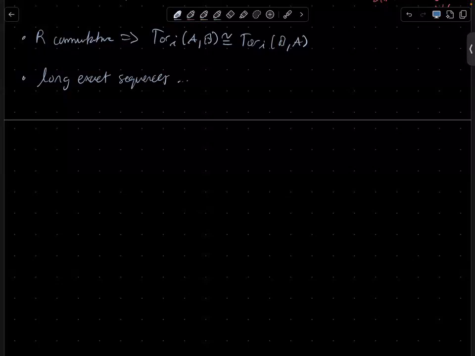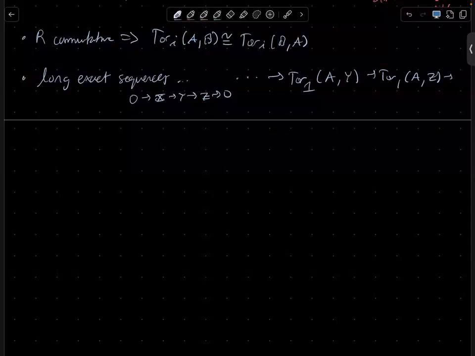It's 4:30, maybe. Probably shouldn't write them down, but they go something like dot dot dot to Tor_1. So if I have a short exact sequence X, Y, Z, I can get a long exact sequence in Tor. Oh, I can get two of them. So I can get Tor_1 of A, Y, Tor_1 of A, Z, and this connects to A tensor X, to A tensor Y, A tensor Z, to 0.